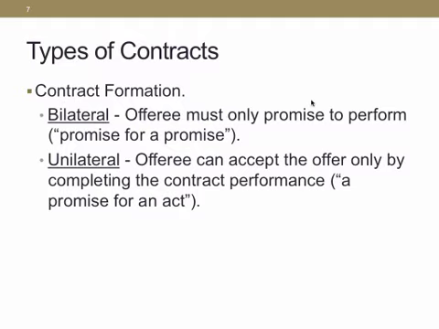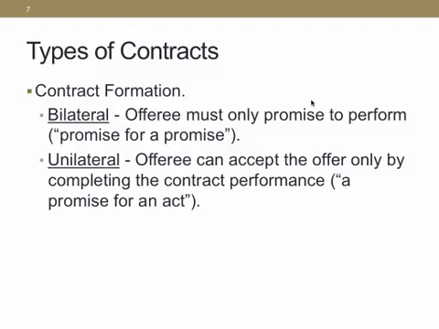There are different types of contracts. A bilateral contract is a promise for a promise. The only thing that the offeree has to do to form the contract is to make a promise to perform. In a unilateral contract, the only way the offeree can accept the offer is by doing the act that was requested in the offer.